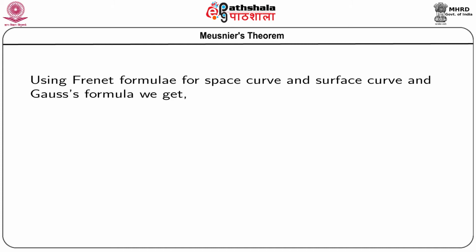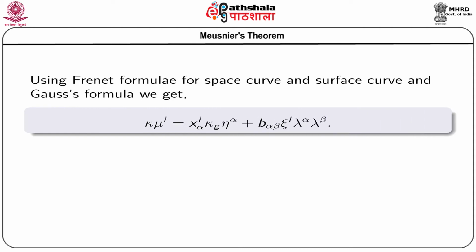So, using these formulas, we have kappa mu i equals xi alpha kappa g eta alpha plus b alpha beta xi i lambda alpha lambda beta, because del lambda i del s can be written as kappa mu i, del lambda alpha del s can be written as kappa g eta alpha, and xi alpha comma beta can be written as b alpha beta xi i.